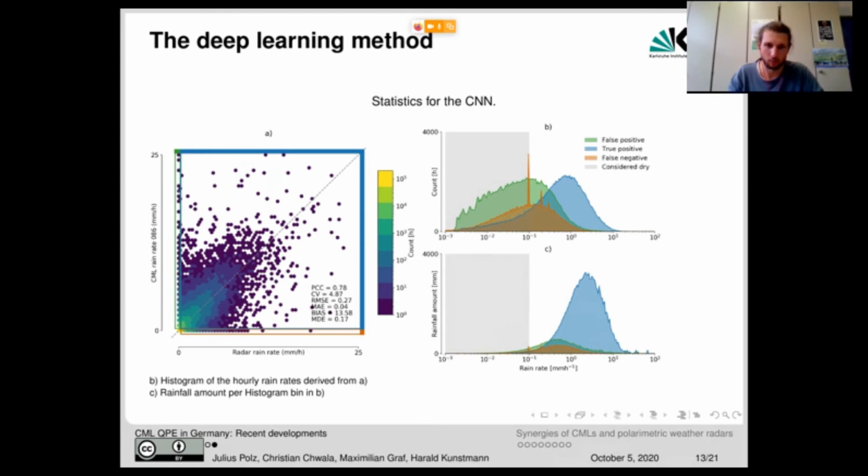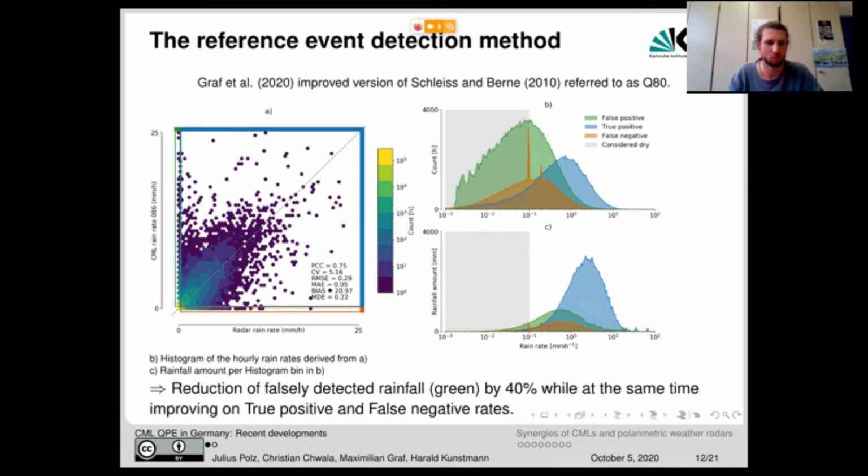And this sentence down here, which should actually be on the next slide, explains that. So actually, the false positives got reduced by 40%, and at the same time, we improved on true positives and false negatives. So that was quite some improvement, which actually gives us a lot more trust also in our CML product.